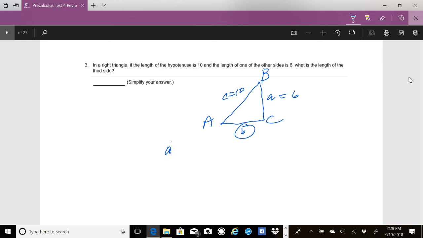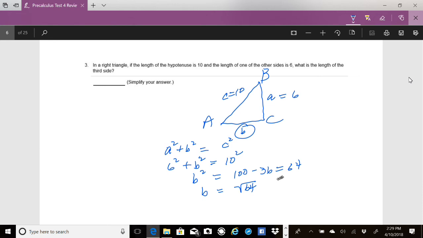So A squared plus B squared equals C squared, which means that 6 squared plus B squared equals C squared. So B squared is equal to 100 minus 36 equals 64. So B is equal to the square root of 64, which is 8. So our answer here is 8.